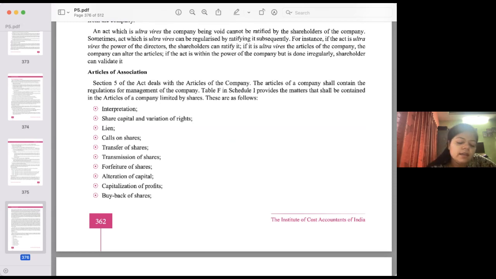They don't want anybody to enter that management if they don't like them, or if they have reasons to believe that the person may not be good for the company or will work contrary to the objects of the company. So in such cases, transmission of shares is something which they can govern in their articles of association if it's a private company. Public company, not so much.